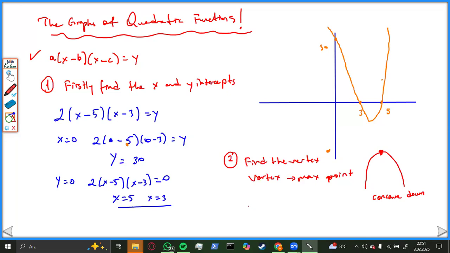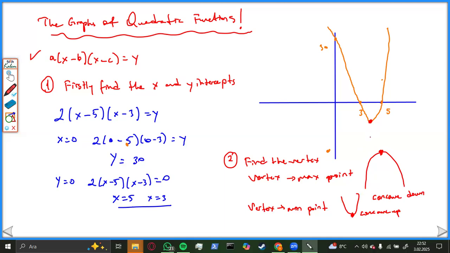But if the shape of the parabola is concave up, that time the vertex is the minimum point. So when you look at the shape of the graph, you can easily realize that the vertex is the minimum point. So it means that you need to find the vertex.